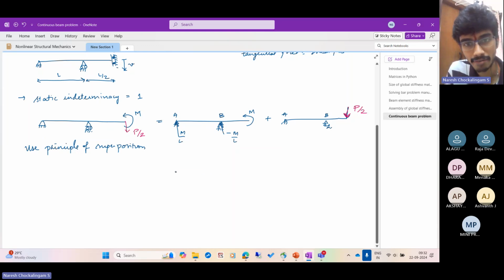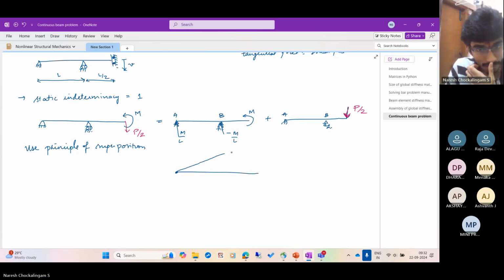So can we sketch it? From the left, bending moment is 0. As you go away from this, there'll be a positive sagging moment. So let me put it upward. Here the moment will be M. And here the force is downwards, minus M by L. So what is the moment here?